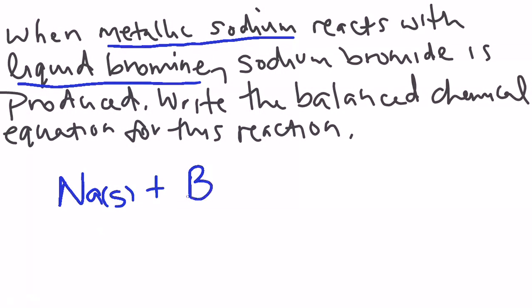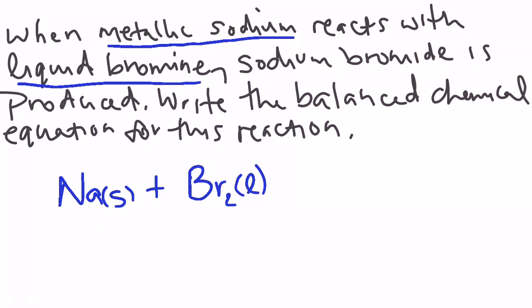Liquid bromine is indicating that it's in a liquid state, but I mentioned in class that there were 7 diatomic elements, elements that occur as an atom bonded to itself in nature.